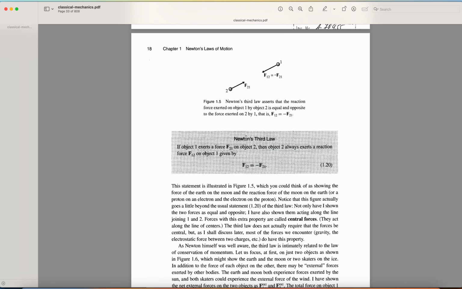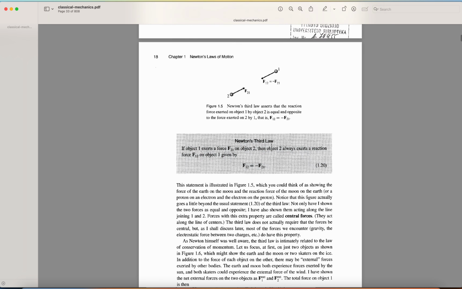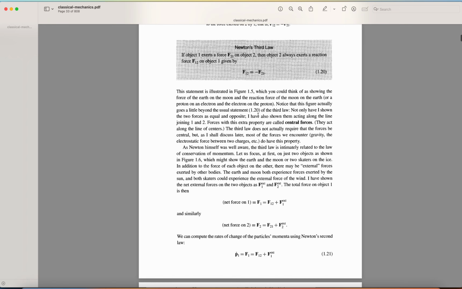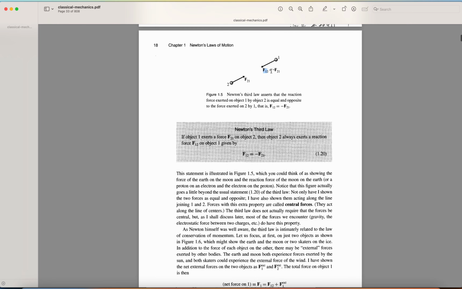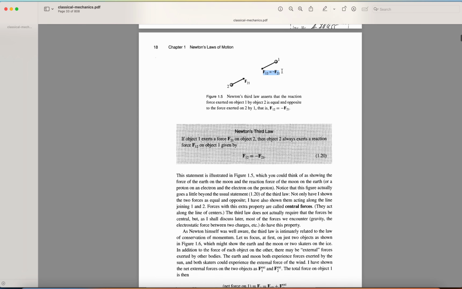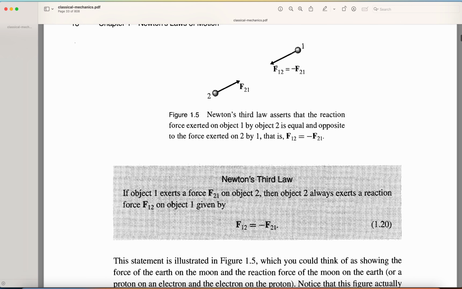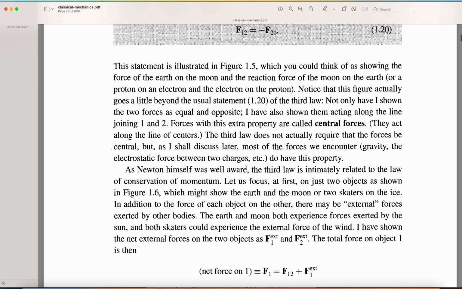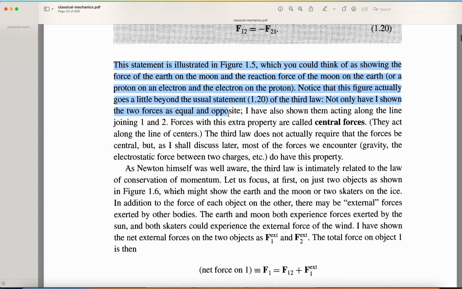So you have Newton's third law, which says that the two forces exerted on the two objects interacting with each other are equal and opposite. This is both a direction and also a magnitude.